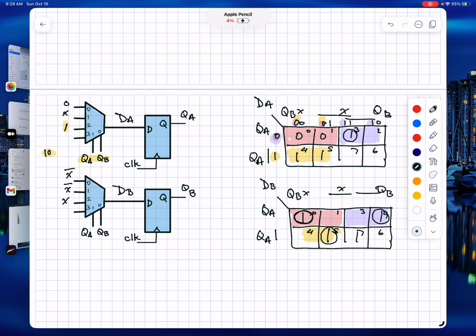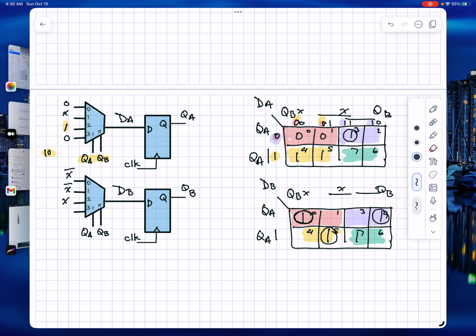That leaves us the other two squares. I think it's obvious where those are. It's the ones that haven't been colored yet. Let's switch the highlighting, and we could use green. These two squares are what we are worried about. There are zeros appearing on the QA flip-flop, so this line, line 3, corresponding to 1, 1, would be tied to a 0.